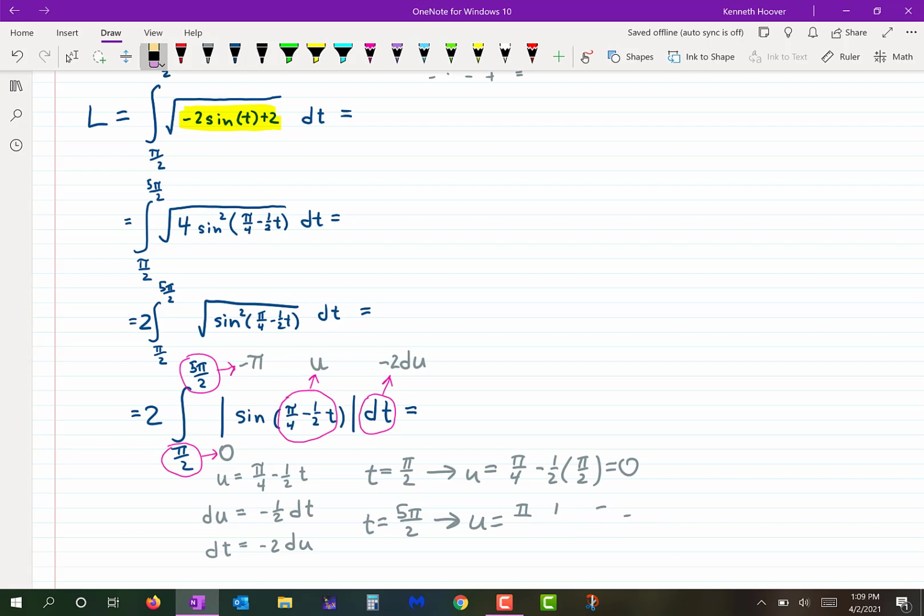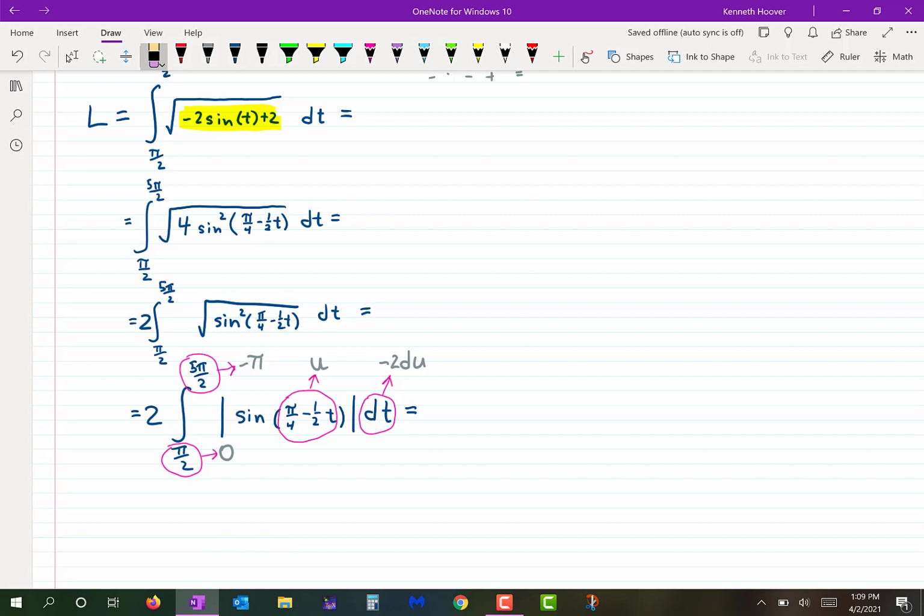Okay, so what we now have is 2 times the integral, where we're now integrating from 0 to negative pi. We're integrating the absolute value of sine of u.